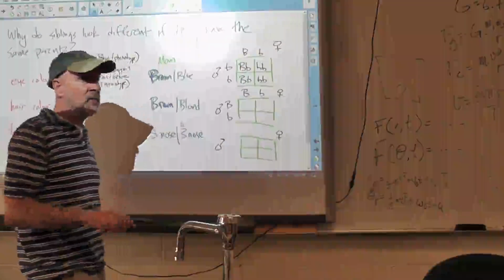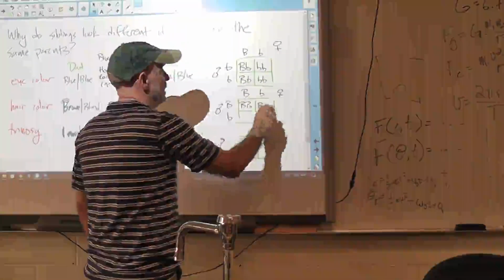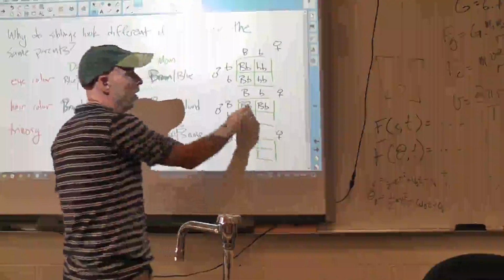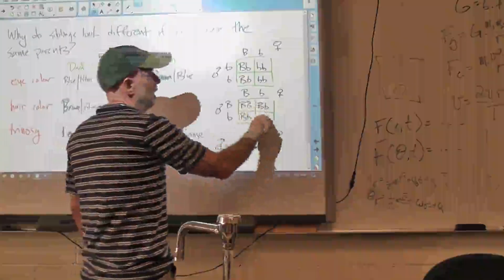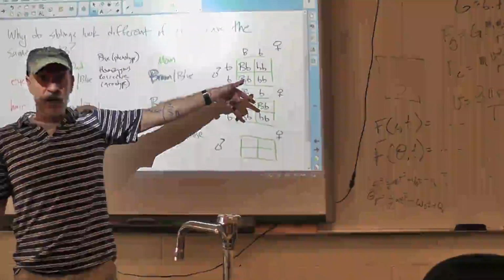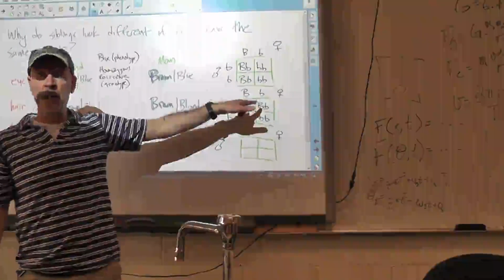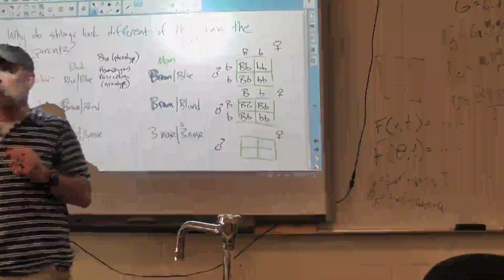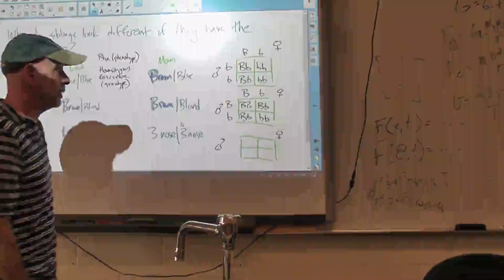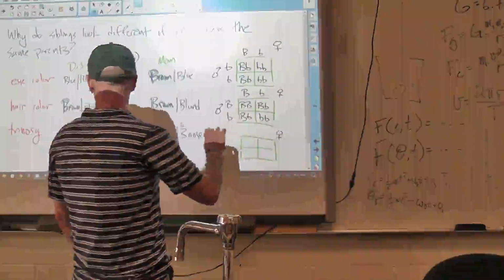So the four possible combinations that could show up in their offspring are one homozygous dominant, two heterozygous. So that means 75% of the time the offspring would have brown hair, and 25% of the time the offspring would have blonde hair.